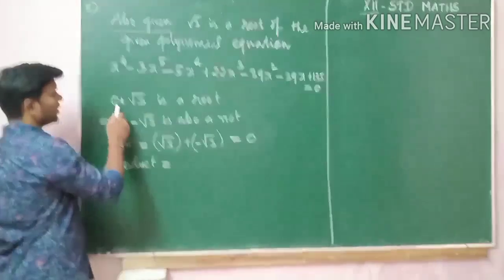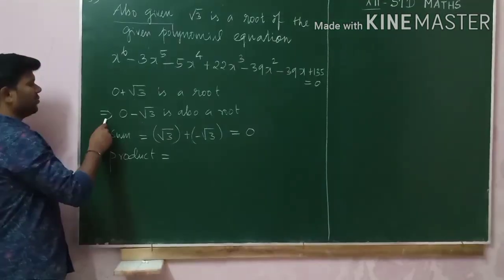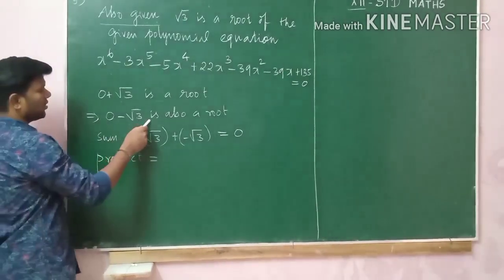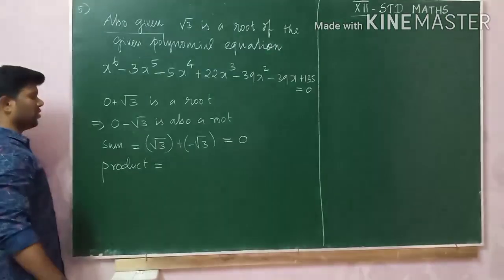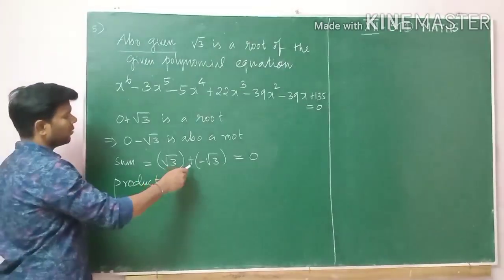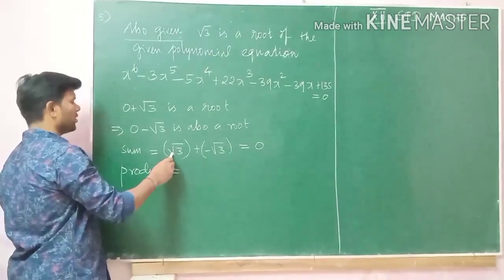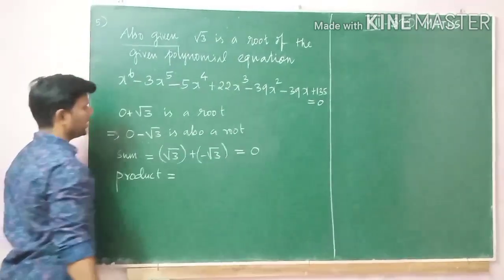0 plus square root of 3 is a root. We will take like this, which implies 0 minus square root of 3 is also a root. So sum of roots, plus square root of 3 plus minus square root of 3, equal to 0.